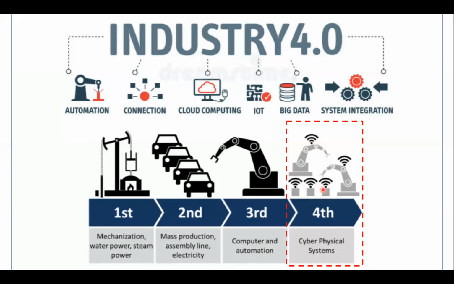Maybe if I have an assignment or quiz, I will ask you all: can you explain the difference between 3.0 and 4.0? Because we talk about IT, computerization, automatization, or robotics.